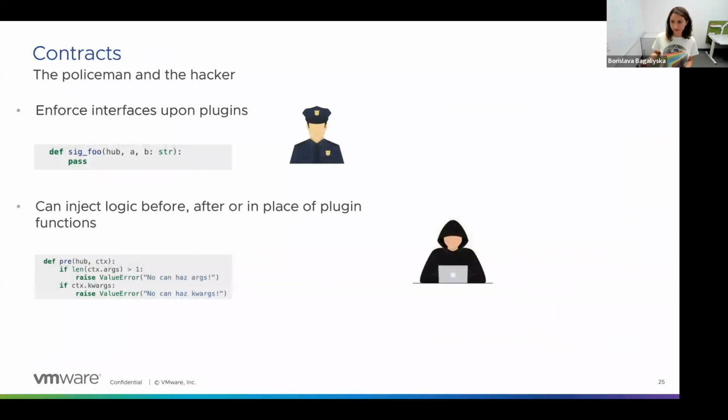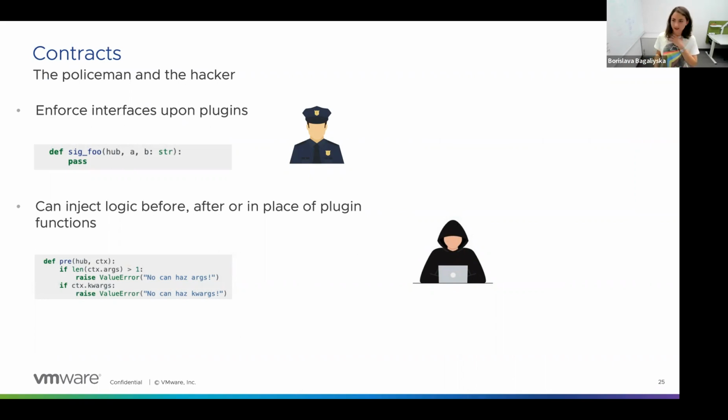Now, having all this extensibility and letting everyone extend the code however they want, we need to have some rules for all of this. So if someone writes a plugin, we have to have a way of verifying it's correct, that it follows our conventions, our logic. So we can be sure that the system will work correctly when it's loaded.